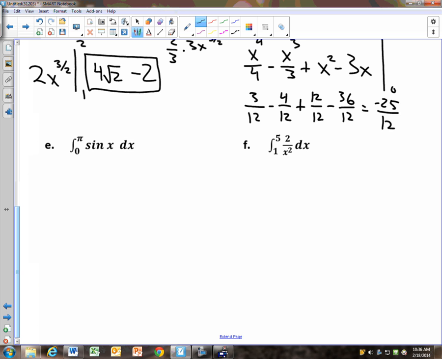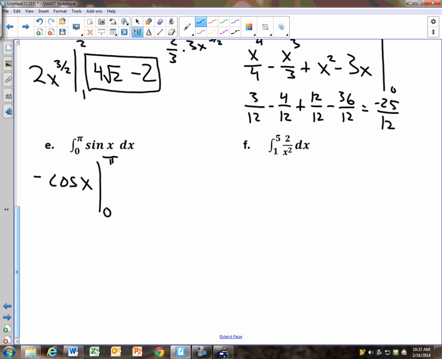Okay, we do 2 more. Antiderivative of sine of x. I had you guys do this problem earlier in an assignment. You did the area of sine of x bounded between 0 and pi.